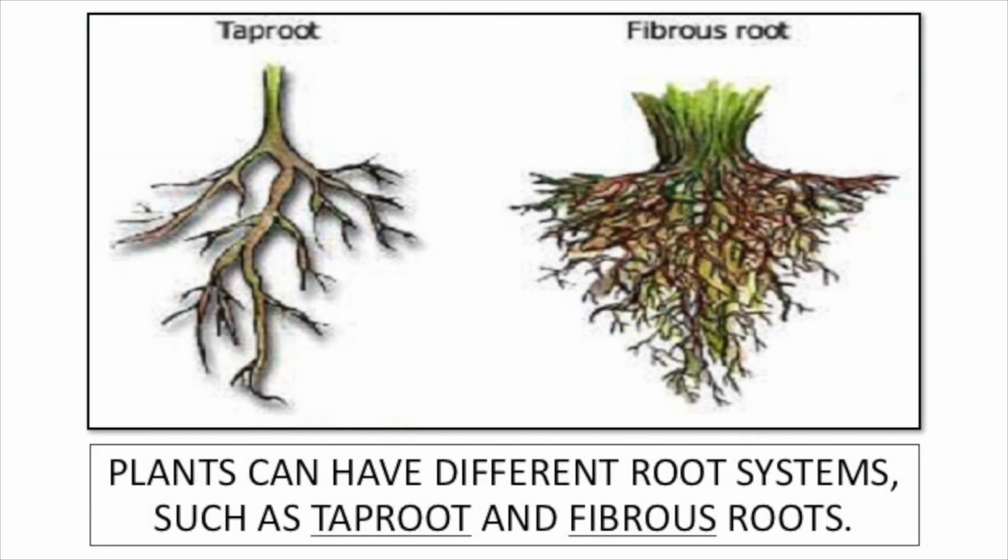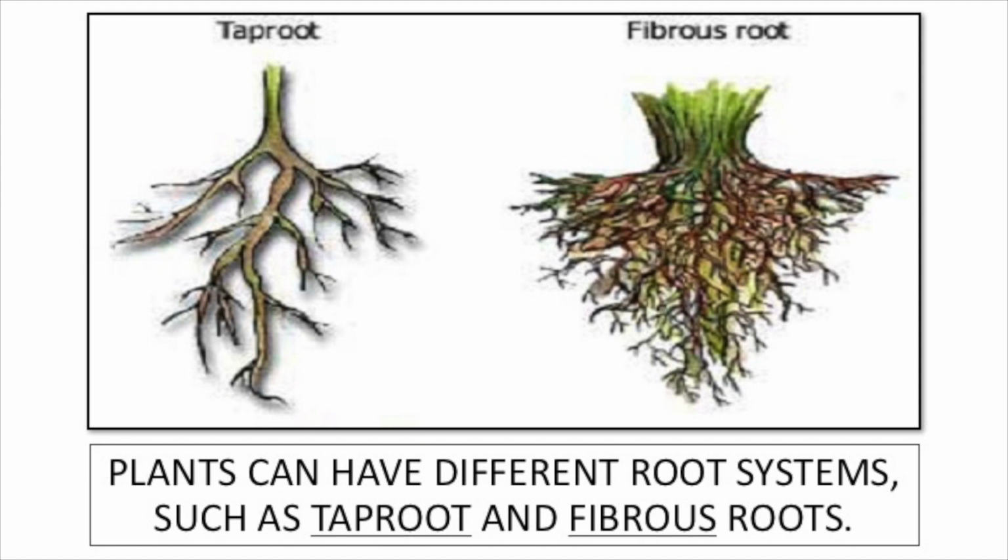Plants can have different root systems, such as taproot and fibrous root. Yes, you can see in the pictures here the two different types of root systems.